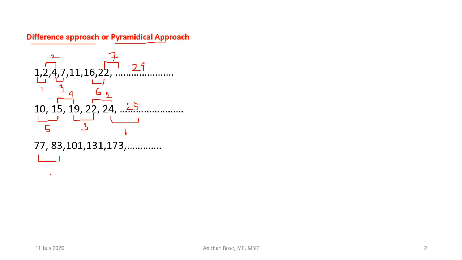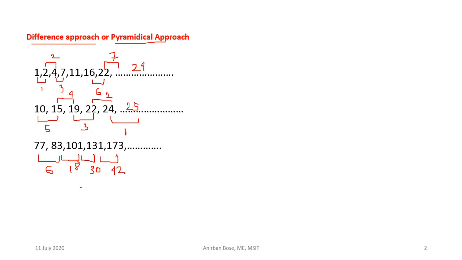77, 83. So the difference is 6. Then the difference is 18. Then the difference is 30. Then 131 to 173, the difference is 42.